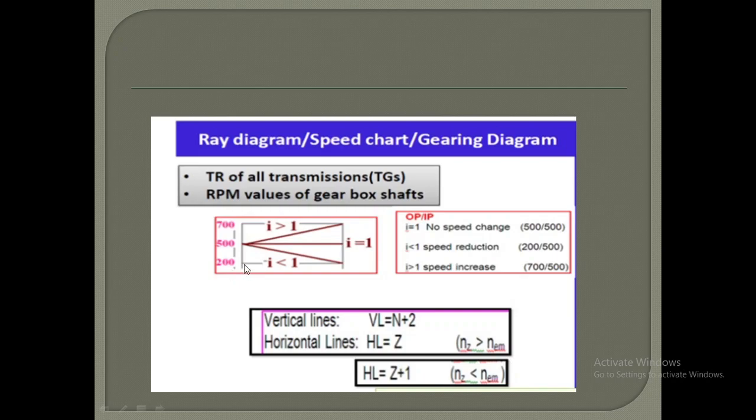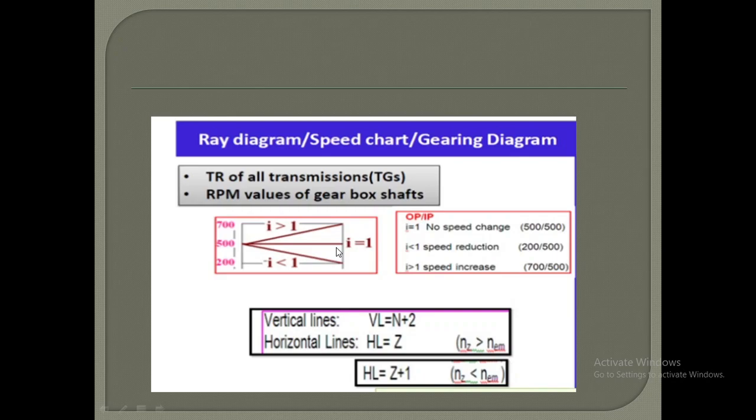See, the output and input speeds are given. Then how to calculate that? I equal to 1 means no speed will be changed. You will get a constant speed throughout from this shaft to this shaft.